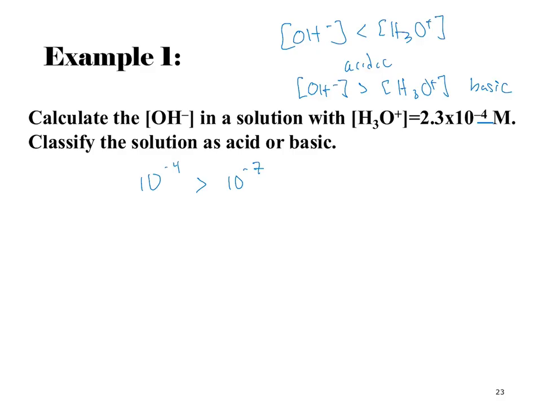Oh, sorry, you're right. You were right. This is H3O plus, right? Our H3O plus is larger than the neutral value, then it's acidic, right? Because if H3O plus is high, what has to happen to OH minus? It goes down, right? So if this is 10 to the minus 4, around what magnitude do you expect the OH minus concentration to be?